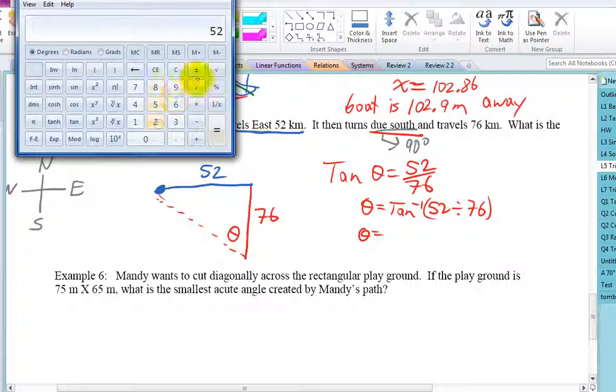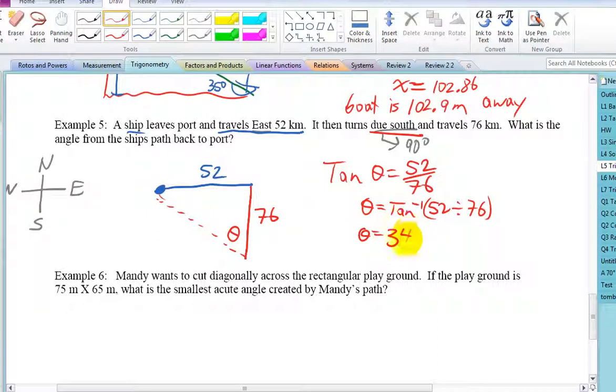But we're finding an angle, not a side length. If you want to know the distance, then use Pythagoras. 34 degrees.